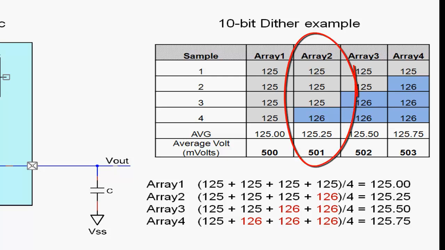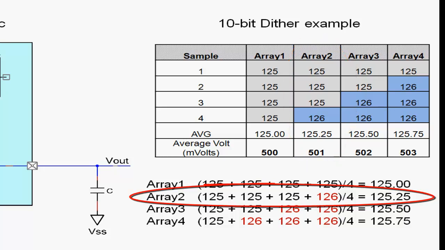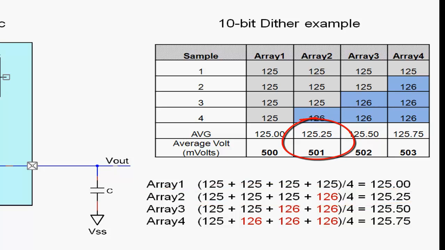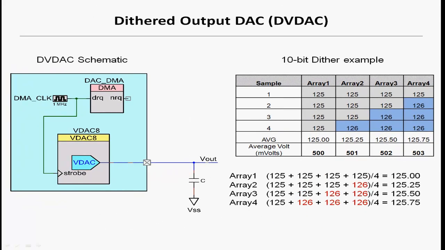Notice in array 2 that the DMA channel writes 125 to the DAC 3 times and 126 to the DAC once every cycle. Averaging these numbers results in a value equivalent to 125.25, or an extra quarter of a bit of resolution. In this case, it's an additional 1 millivolt. Although the example shown is a voltage DAC, the same concept can work equally well with a current DAC.